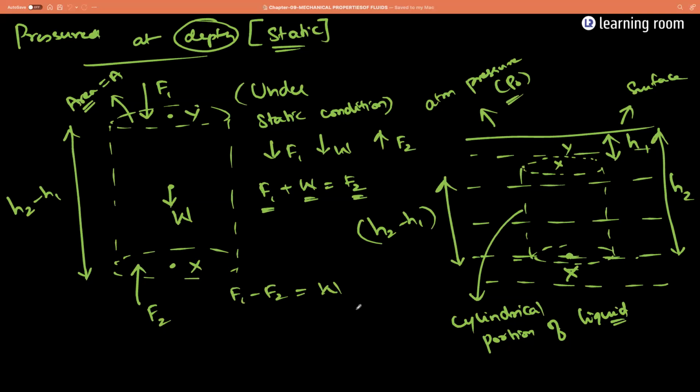Force is pressure into area. So pressure at point 1 multiplied with the area of cross section minus pressure at point 2 multiplied with the area of cross section is equal to the weight of the liquid present: density multiplied with volume into g.